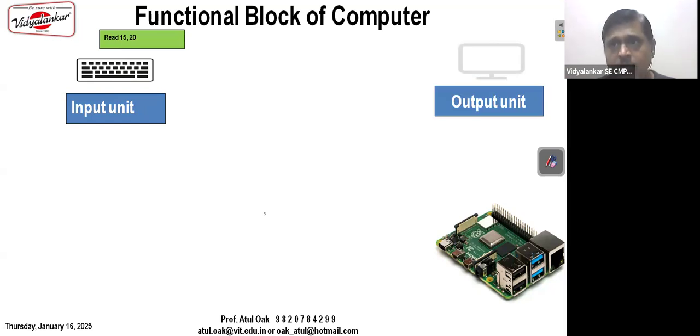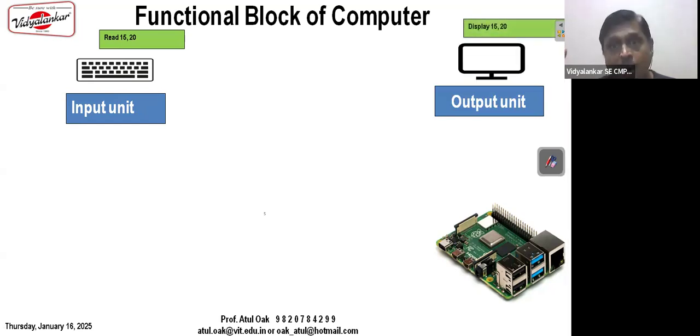It will be visible through a hardware called monitor. So every computer will have some input like a keyboard and output like a monitor. Hereafter, I'm going to call input output as IO. This is one word you have to remember. IO refers to input output, like keyboard and monitor.